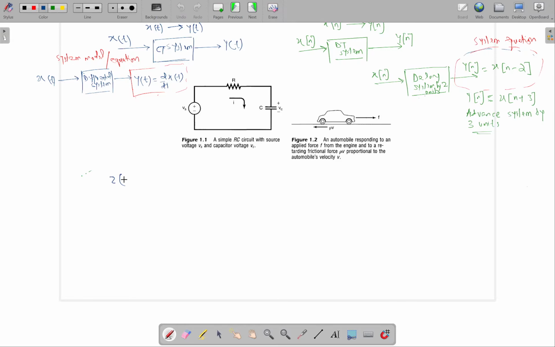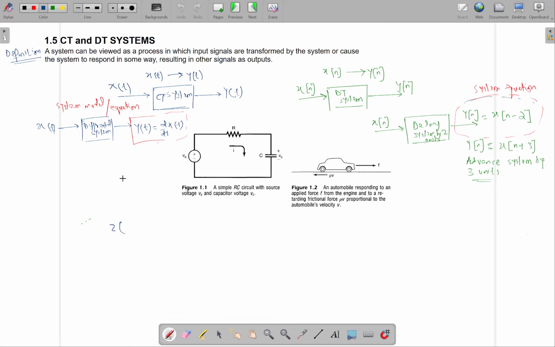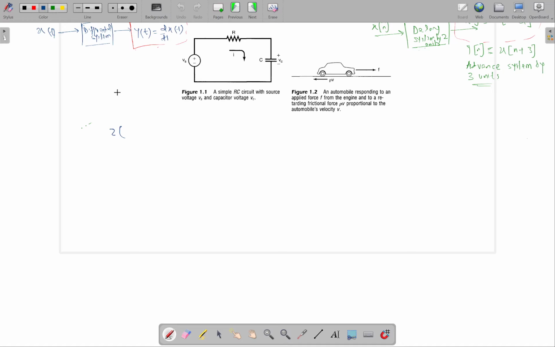Okay, so let's look at this particular RC circuit and try to write the expression for this one. So what we can write is that current i of t is basically equal to the source voltage minus the voltage across the capacitor over R. So that is the current which is flowing through this RC circuit.